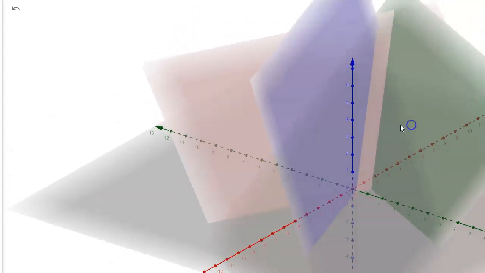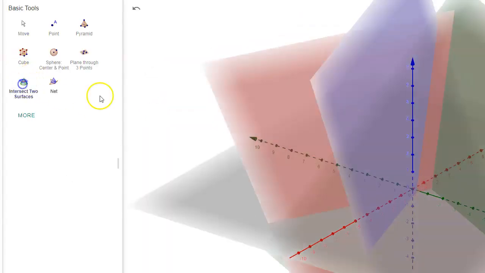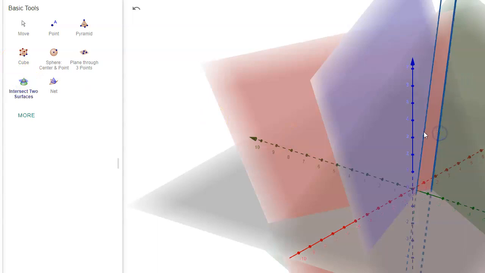And what you notice is we've got these parallel lines where these two lines will never meet. And so we've got a situation where the three planes do not intersect. All three of them do not intersect. And now they'll intersect, but they don't intersect on the same plane.